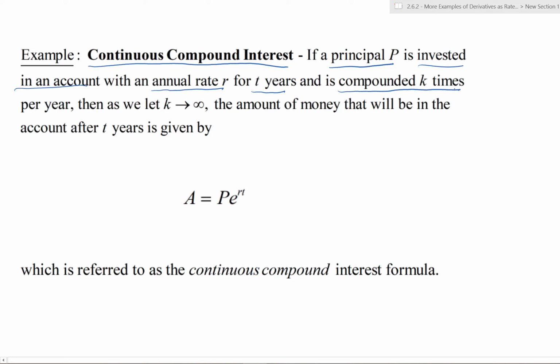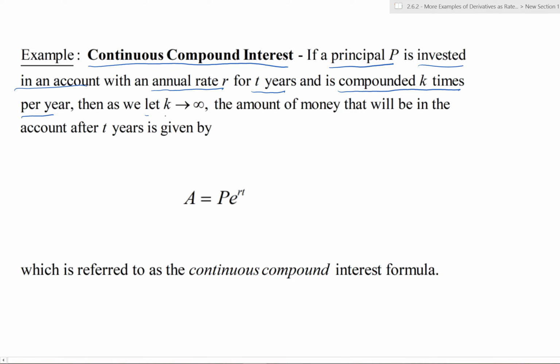So compounding means each time I compound it, we tag on that interest amount from the annual rate R. So maybe I get the interest once a month. Maybe I get it twice a month. Maybe I get it 3 times a year. I don't know. But we do it K times every year, that process.